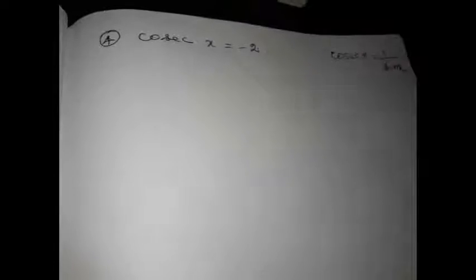Cosec x is nothing but 1 by sin x, right? So when the sine function is 1 by 2, you have to check. When the sine function is 1 by 2, the angle is 30 degrees, which means pi by 6. So then only it will become 2 in cosec.